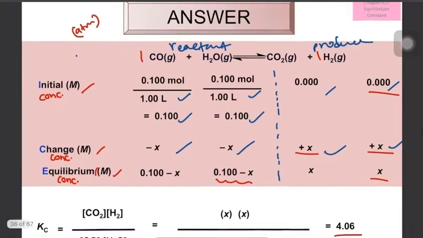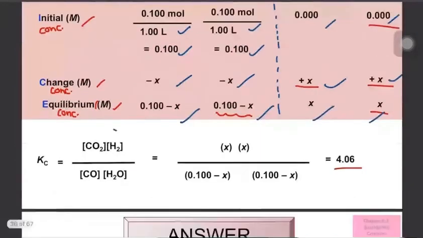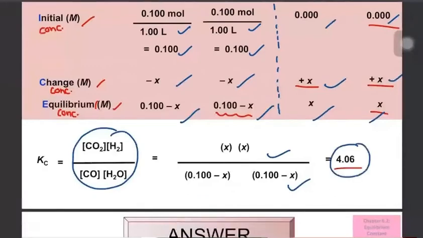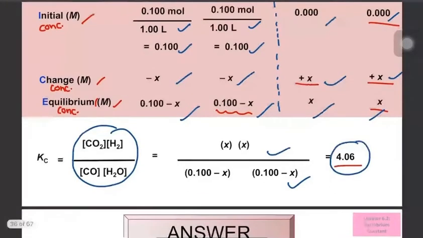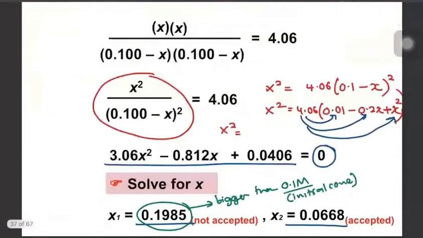Right, so equilibrium, there we have it. These are all our equilibrium values. Now we have the Kc expression, substitute in the corresponding values. And since the Kc value is given, it's going to be 4.06. And basically what you have to do is your math.